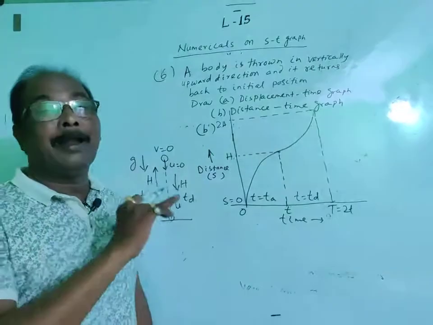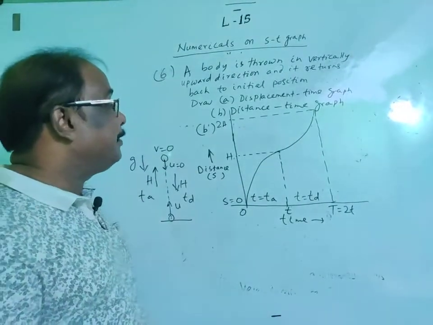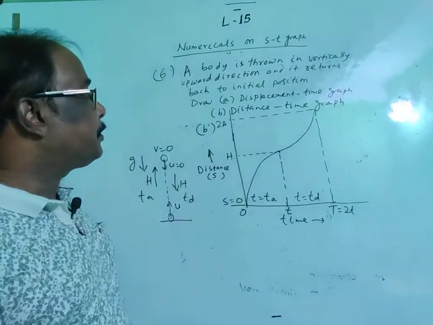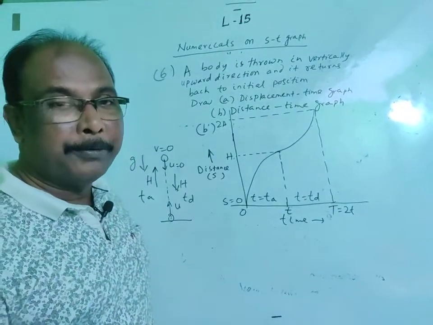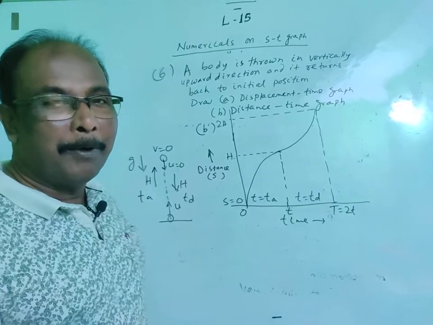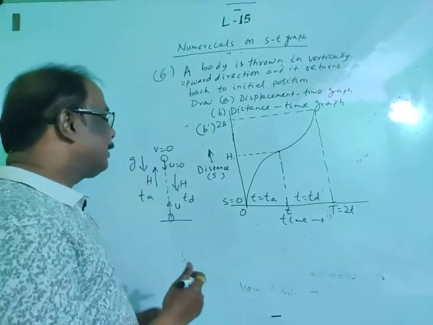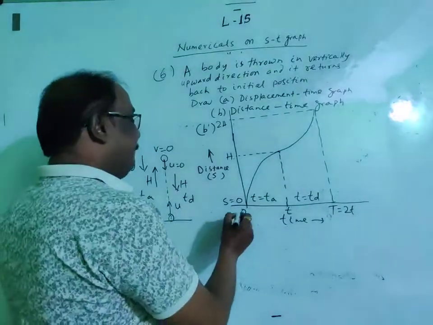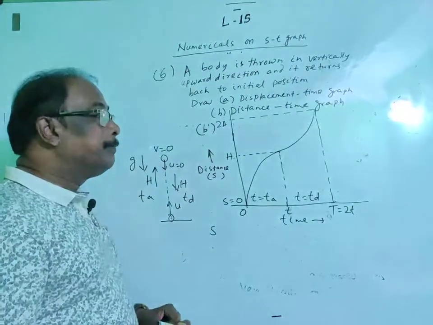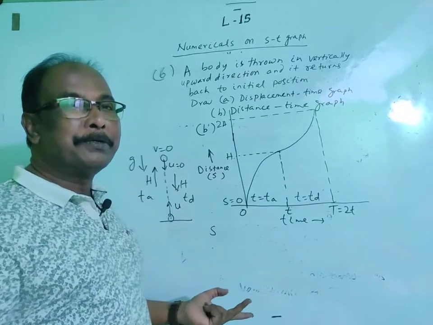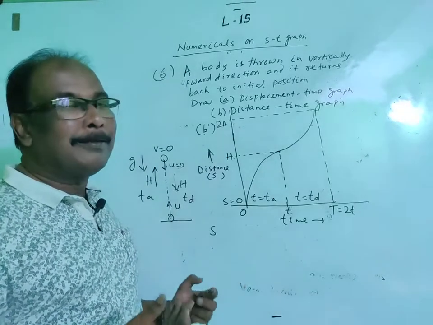So for accelerated motion, if you are representing a displacement time graph or distance time graph, the graph will be parabolic. See, for accelerated motion, we have discussed tan theta is not constant.